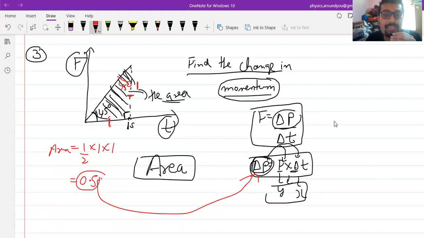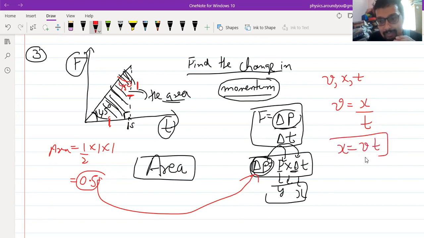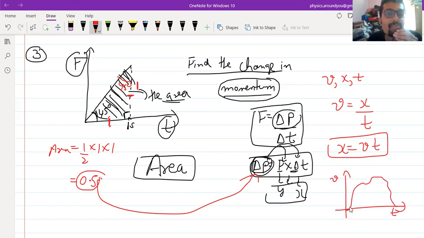Similarly, how do you relate velocity, position, and time? If I plot a VT graph, it's something like this, and I ask you to find the position of the particle. How will I find it? Area under the plot.